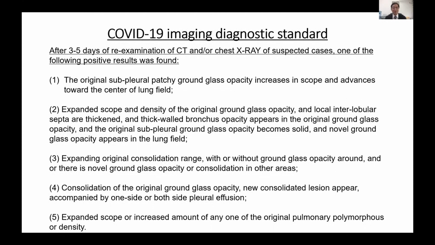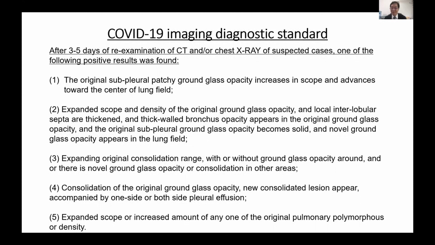The regional subpleural patchy ground glass on CT increased in scope and advanced toward the center of the lung field, expanding the scope and density of the original ground glass and the local interlobular septal thickening. The vascular branch appears in the original ground glass, and the original subpleural ground glass becomes solid. And novel ground glass appears in the lung field, expanding the original consolidation region.